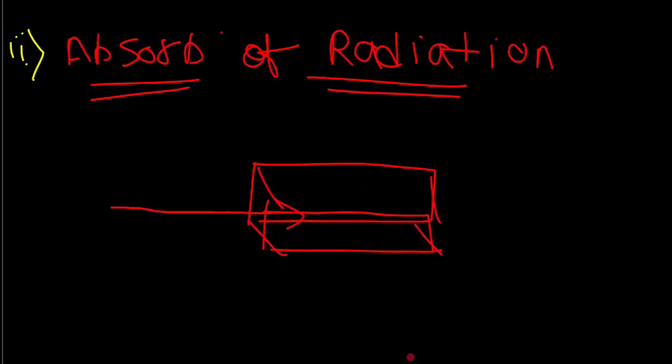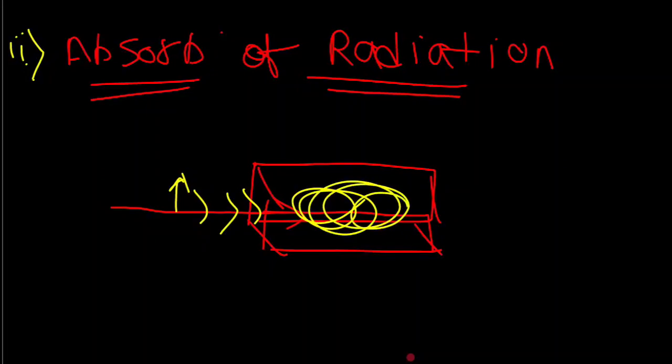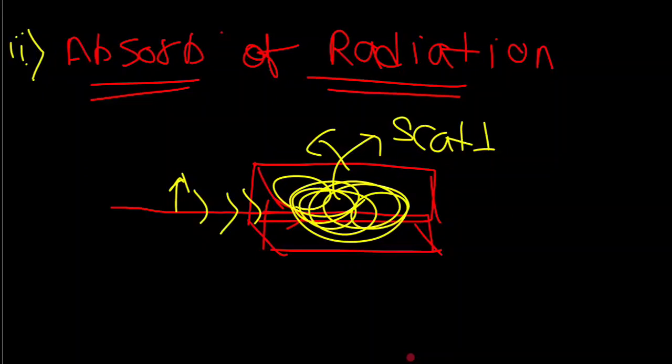Let me draw it once more. Suppose this is your radiation, and it enters into this particular element. What will happen is that when it enters this element, different phenomena going on inside, like scattering, absorption and all of this, will change the radiation.